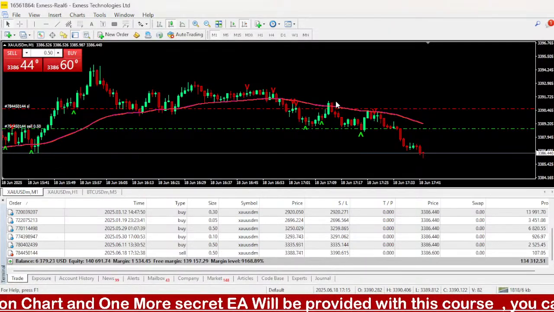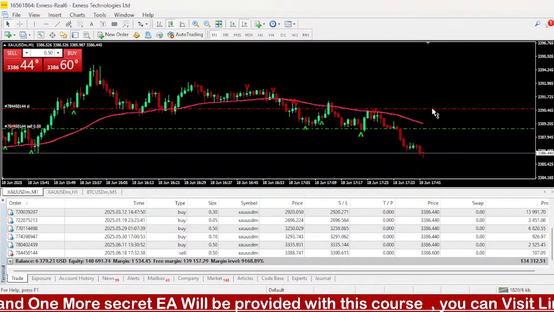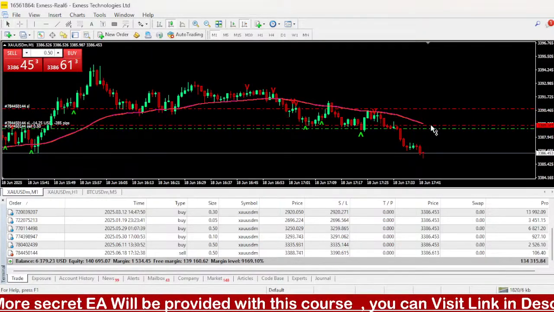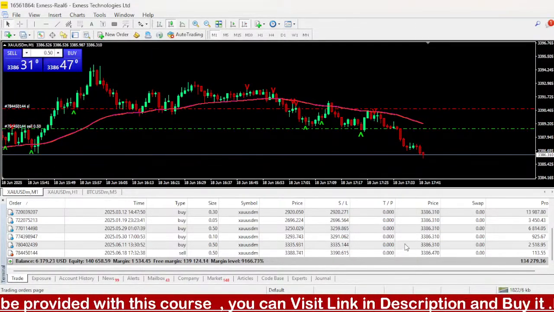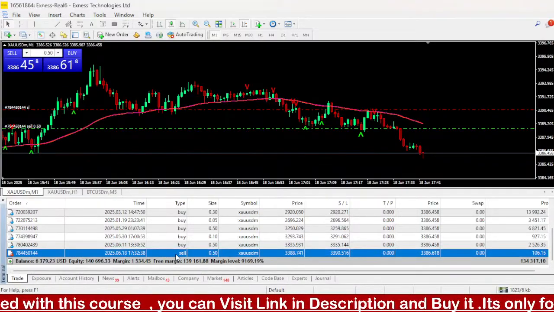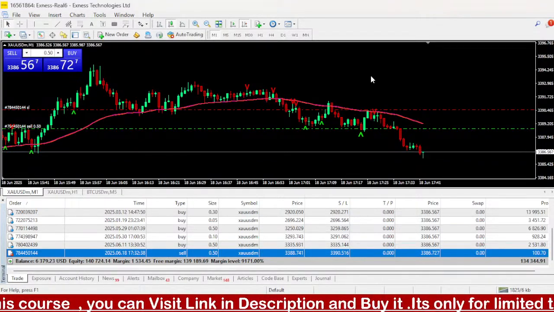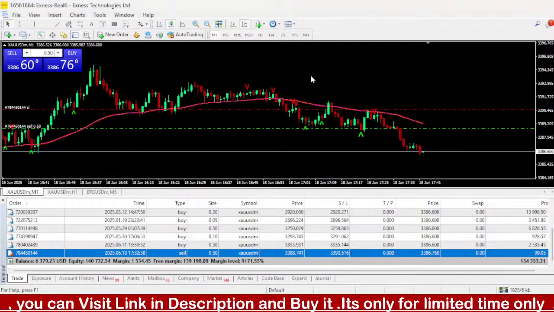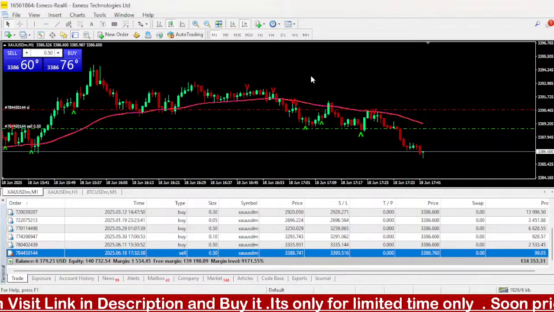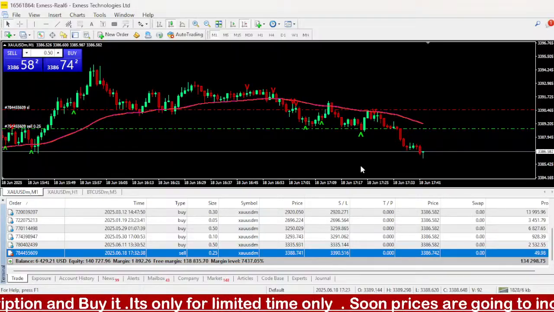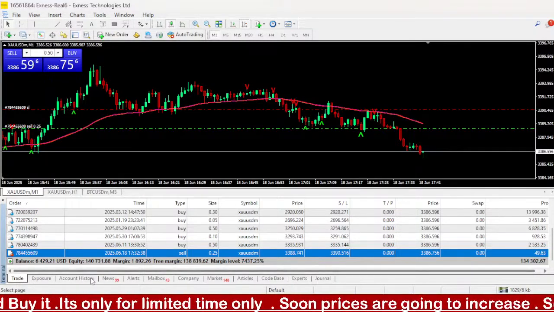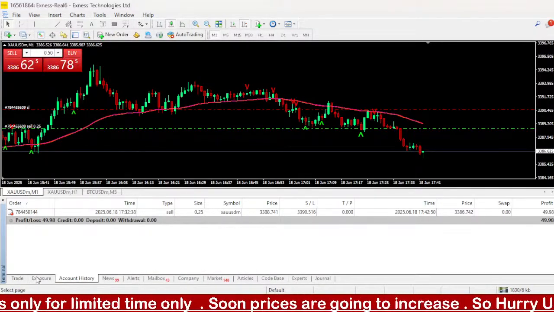Okay, so our trade is now 1:2. I think I should book some profits here. A little bit of profit booking is very necessary. So let's book $50 profit here. Okay, so I have booked this $50 profit.